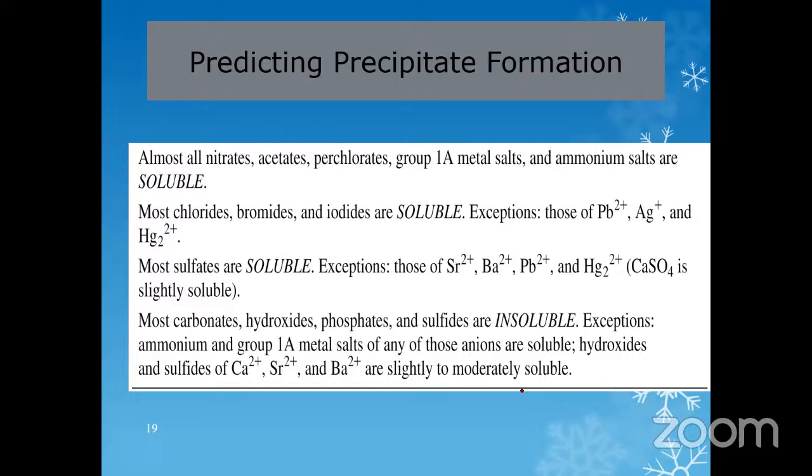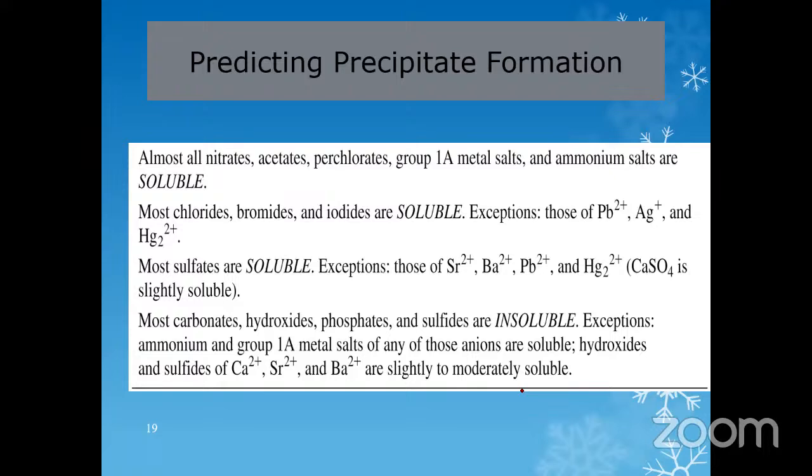So according to that second line, any ionic compound which contains a chloride, bromide, or iodide will be water soluble, excepting the ions that are listed there, and so on and so forth, right? So if you are familiar with this table, then you can make predictions as to which product will precipitate in a precipitation reaction.